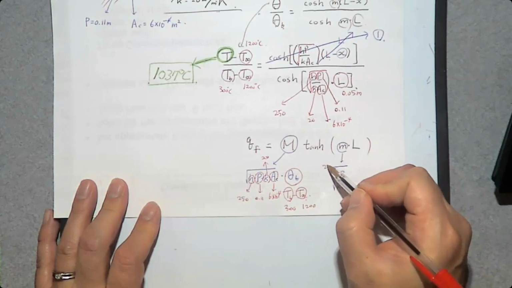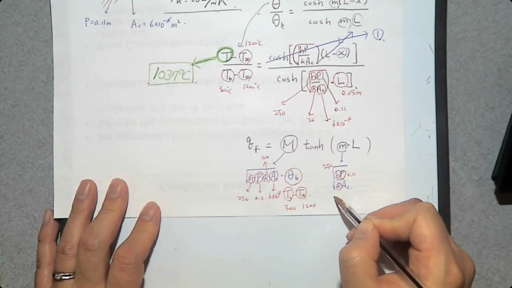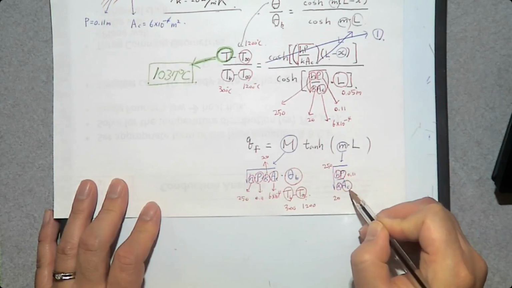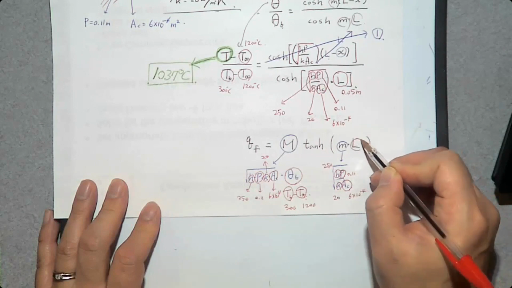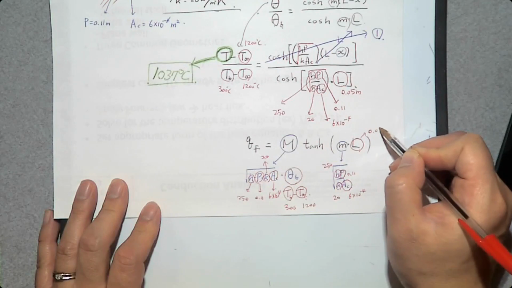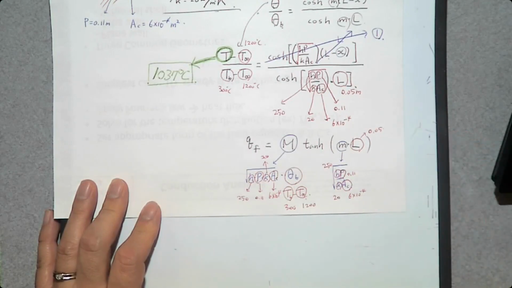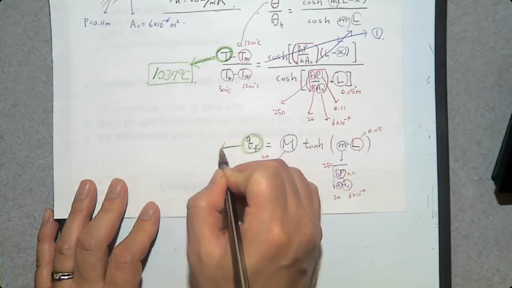Again, h, 250. Perimeter, 0.11. Thermal conductivity, 20. Cross-sectional area, 6 times 10 to the minus 4. The length of the fin is 0.05. So we have everything. Can you determine the fin heat transfer rate? Yes, we can.